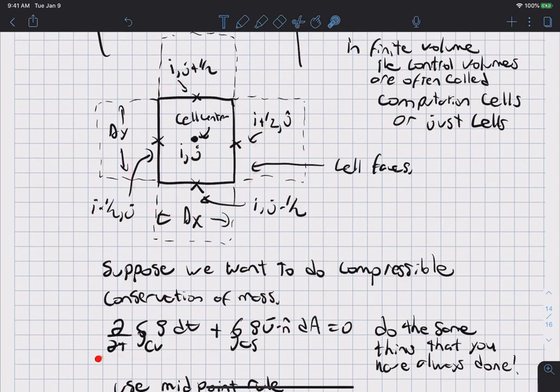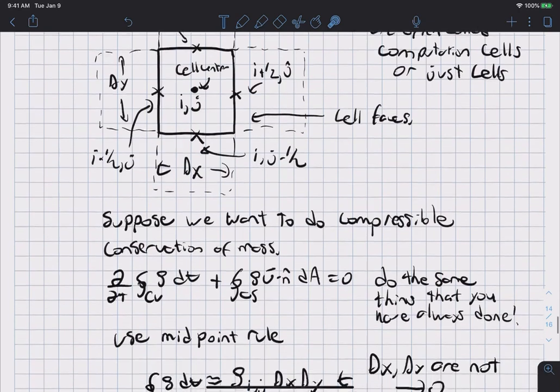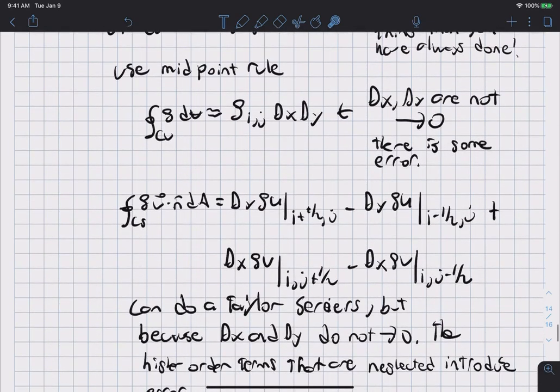You form the time derivative term and the flux term, and then for momentum, you may have to walk around the control volume and find all the pressure forces and viscous stresses, etc. But it's very analogous to everything that you've been doing for about 5 or 6 weeks now. But what makes finite volume hard is approximating the values at each edge of the control volume.